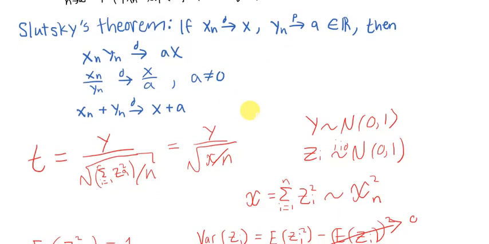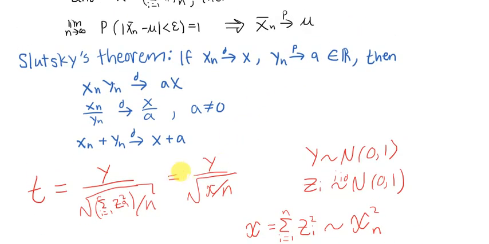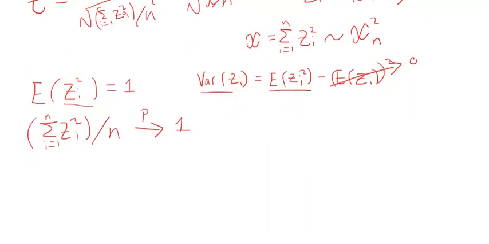Now let's look at the top. It's very clear that Y is a standard normal random variable, so Y converges in distribution to Y, because it is equal in distribution, which is a standard normal 0, 1.